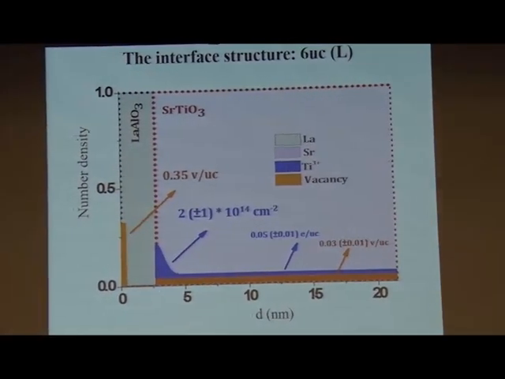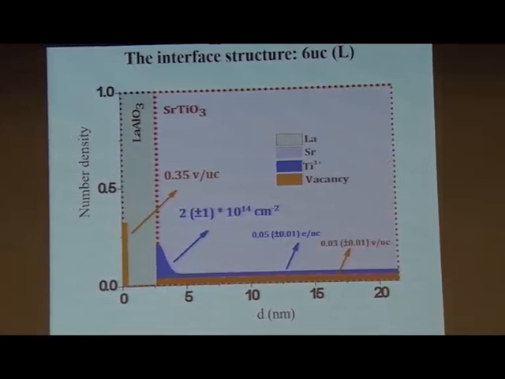One distribution was uniformly distributed in strontium titanate, and another was not at the interface, but at the top of the lanthanum aluminate surface. And also the concentrations are very significant. We found 0.03, and this is an independent experiment, 0.03 oxygen vacancy. Each oxygen vacancy contributes 2 electrons, which tells you 0.03 vacancies would contribute 0.06 electron per unit cell, and that's the sort of number you find distributed throughout. So that's driven by the oxygen vacancy.